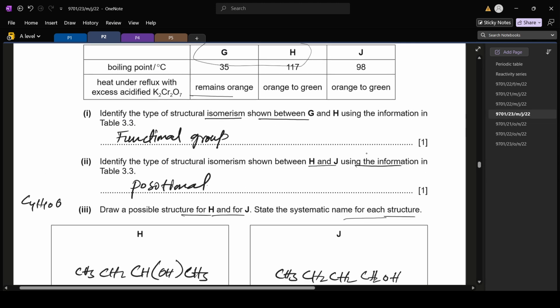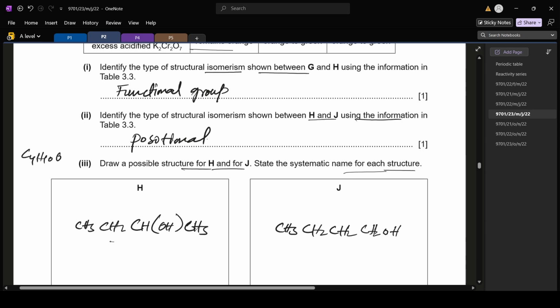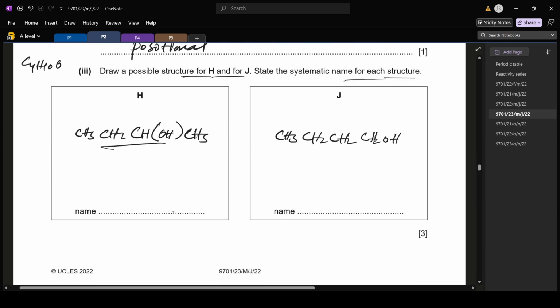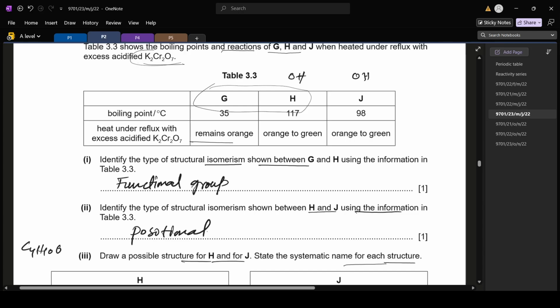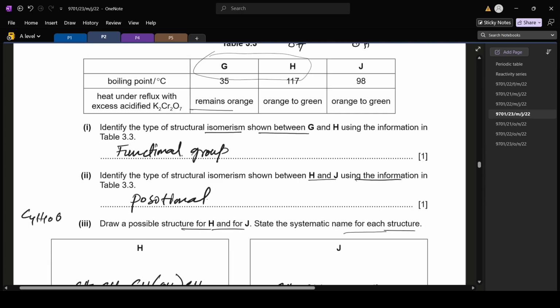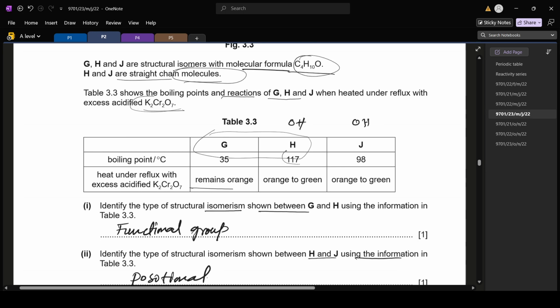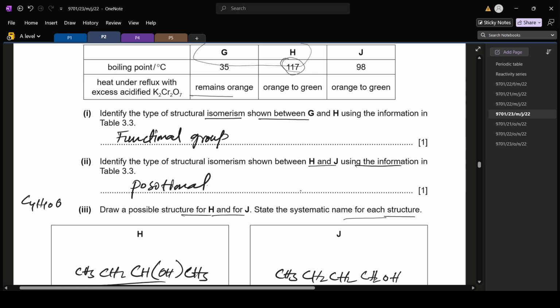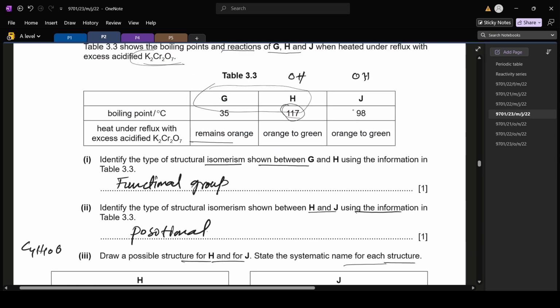Okay, why is H the one with the OH group in the middle? Because this has a greater boiling point, and this J has a lesser boiling point.